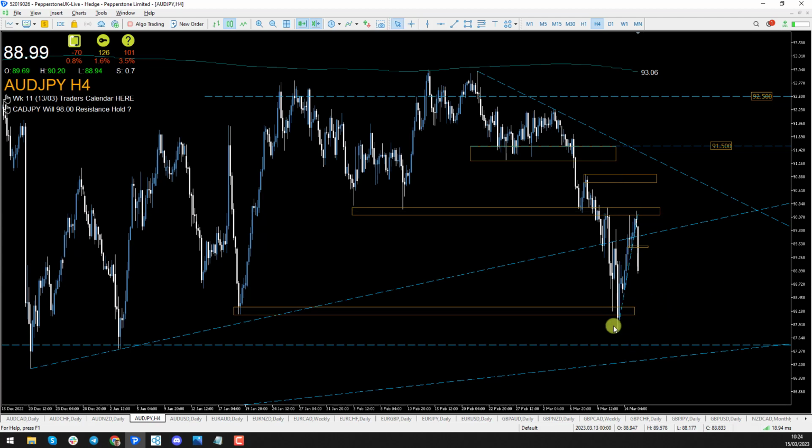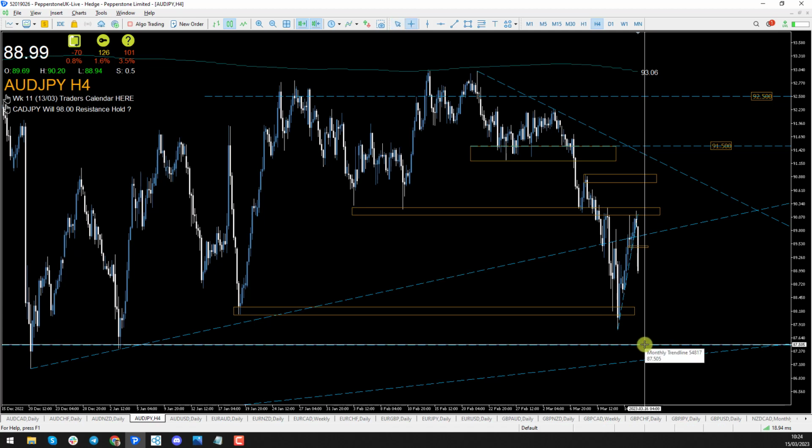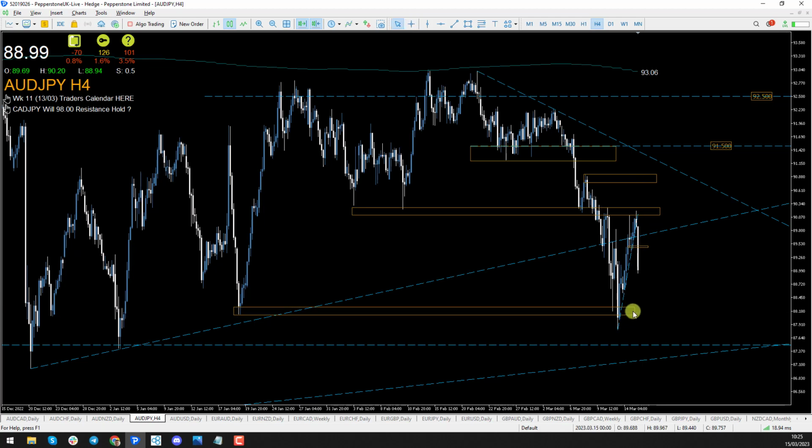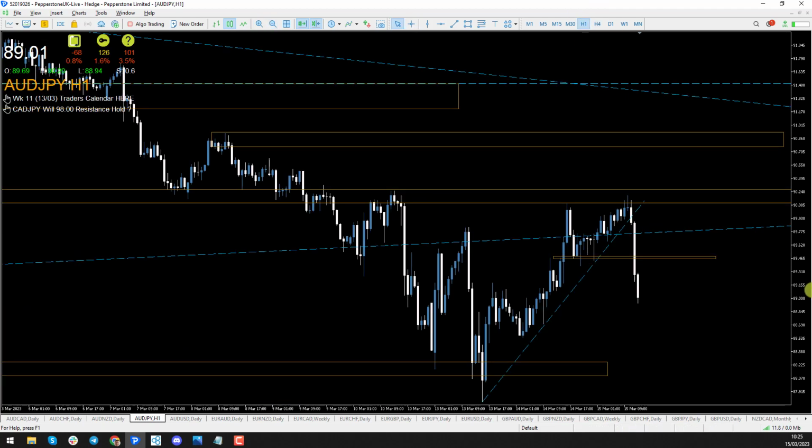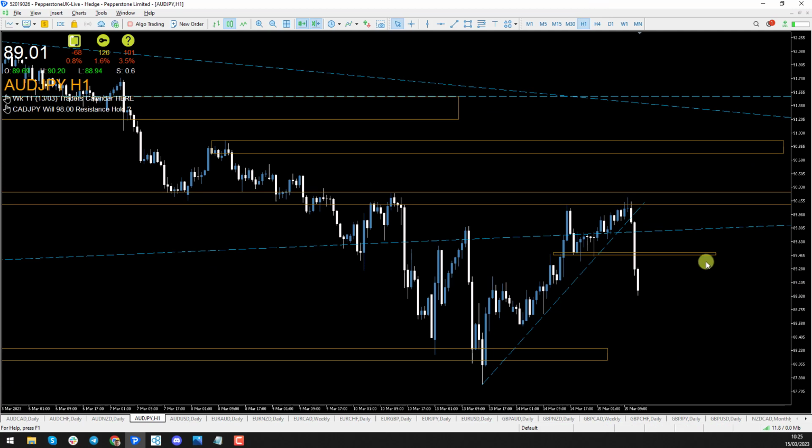Now it looks like we've rejected that area and we've come back. We could be seeing price head down to our next level of interest, which was that 87.50 handle. Why I'm interested in this again is because the market is telling us the momentum is with the downside here. I'm looking at the Aussie yen hourly chart to see if I could look for a possible re-entry into this market. You can see we've trended back to the upside.